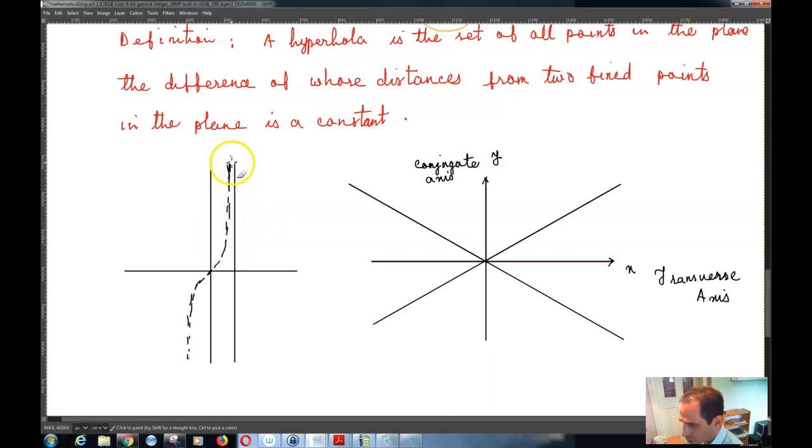Not touching that line, but it goes just across that line all the way up to positive infinity. And then again the same thing happens over here, and so you have another line over here, and so on and so forth.